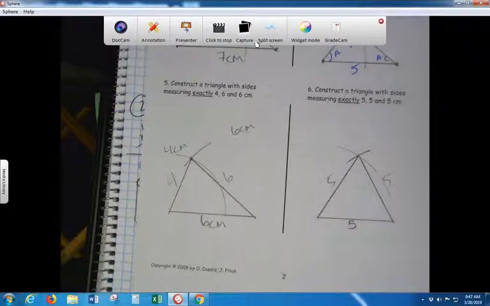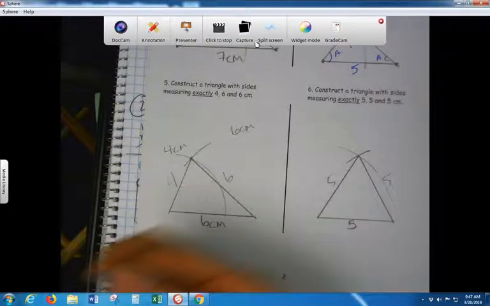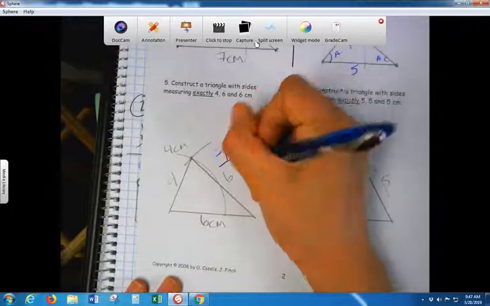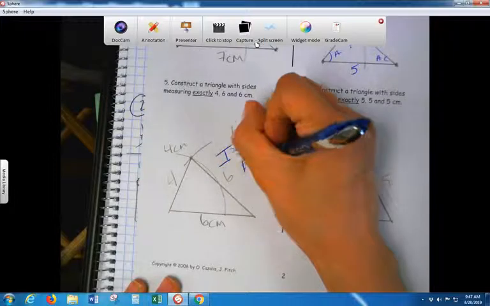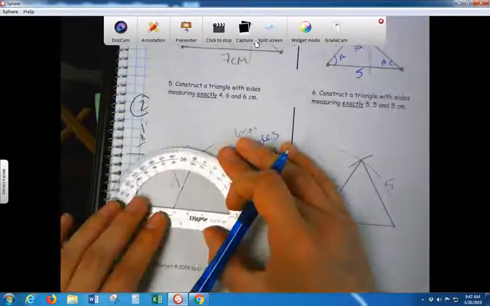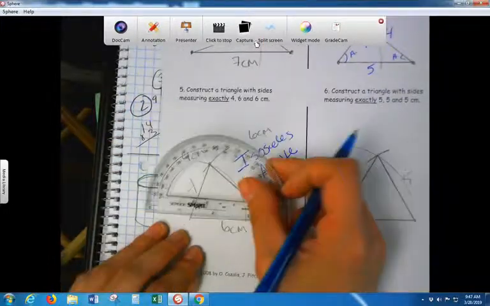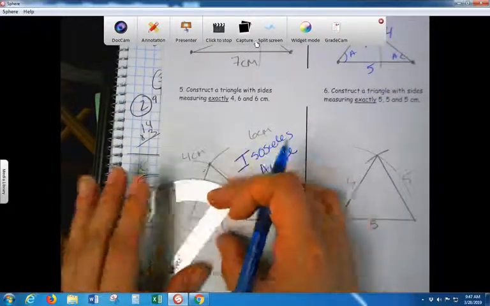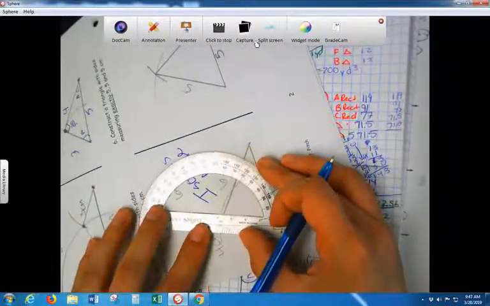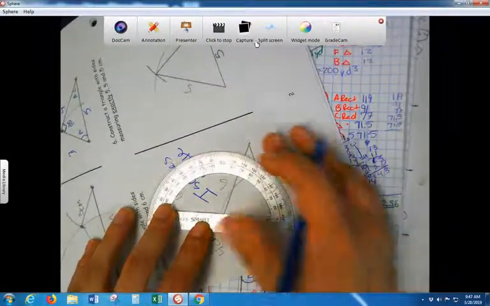Did you all measure them? Okay, what do we call it? Isosceles. I like that. Are they all acute? Which one's not acute? Let me check. You're just looking if it's more or less than 90. Less than 90. They're all less than 90.